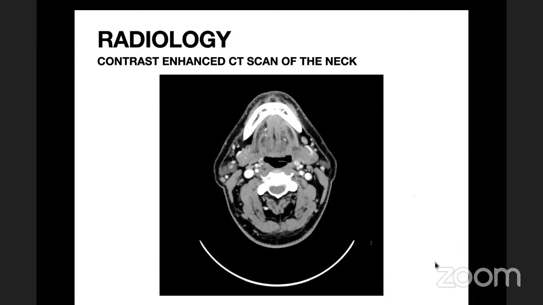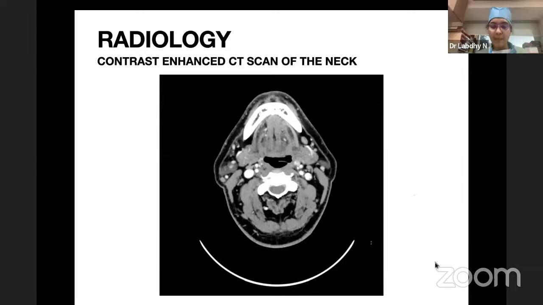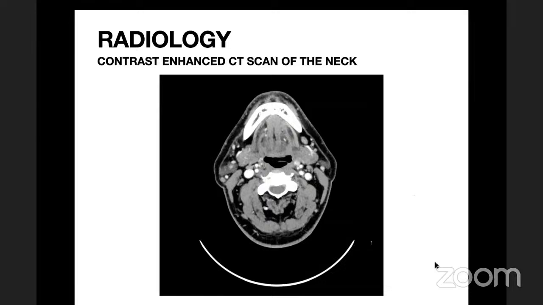Go ahead. So can you tell us the CT criteria for pathological lymph nodes? Ma'am, loss of fatty hilum, central necrosis, and the size and the shape of the lymph nodes, more than 1.5 centimeters, and rounded lymph nodes. Okay.